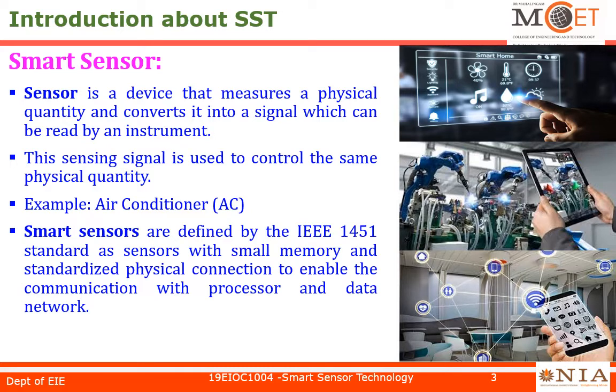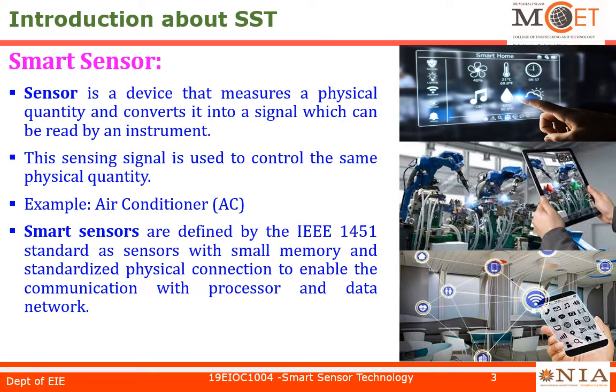Coming to smart sensor, it is like an intelligent sensor which not only measures the parameter but also has an inbuilt memory and a controller. The sensor itself is going to take certain action to control the parameter.